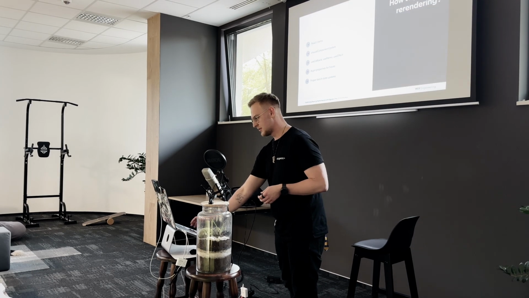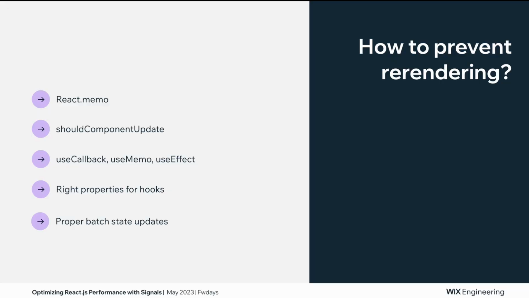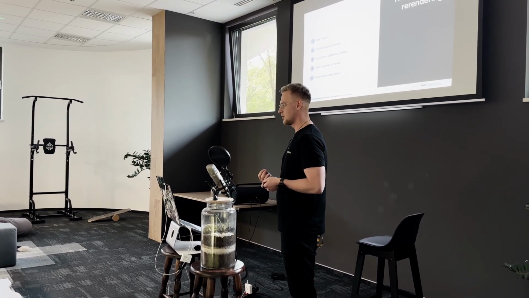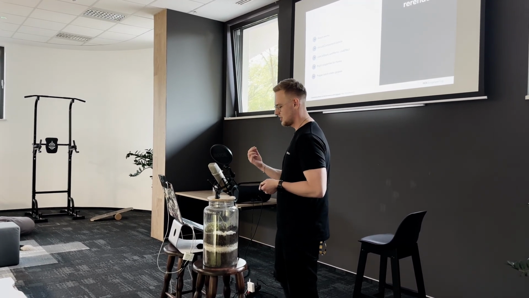And again, if we go to the internet and ask Google or ChatGPT how to avoid that, we will get a suggestion about React.memo, or about shouldComponentUpdate if we are using quite legacy code with classes. Again, useCallback, useMemo, and useEffect hooks with the right dependencies, a little array to fire the hook only when it's needed.